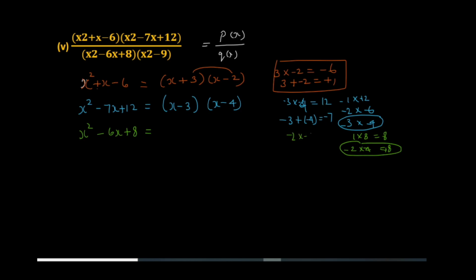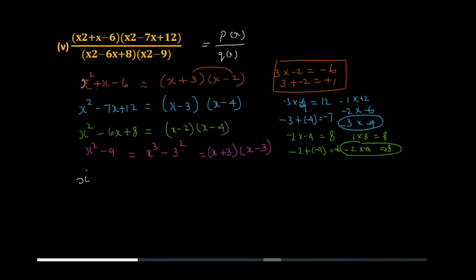Minus 2 into minus 4 will give plus 8. Minus 2 plus minus 4 will give minus 6. So the factors are x minus 2 and x minus 4. Next, x squared minus 9 can be written as x squared minus 3 squared, which is nothing but x plus 3 into x minus 3, a plus b and a minus b.